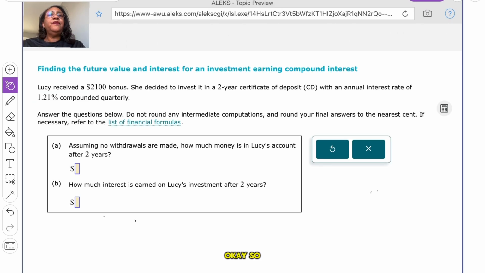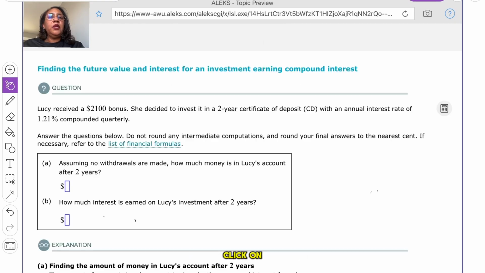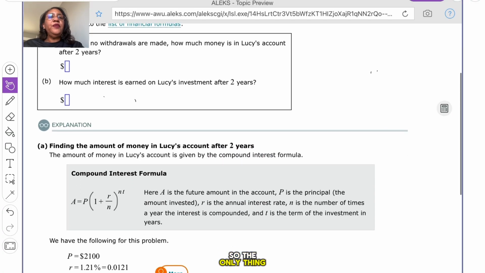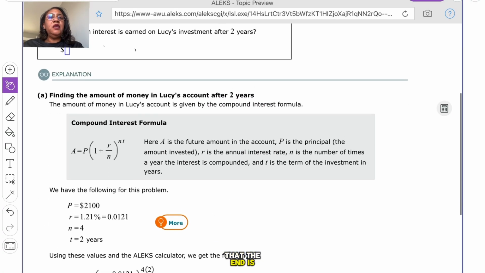Okay, so Lucy received a $2,100 bonus. She decided to invest it in a 2-year certificate of deposit, a CD with an annual interest rate of 1.21% compounded quarterly. All right, so I'm going to click on the explanation. So the only thing that's different here is that the N is 4.